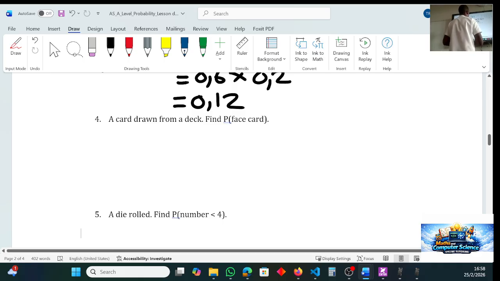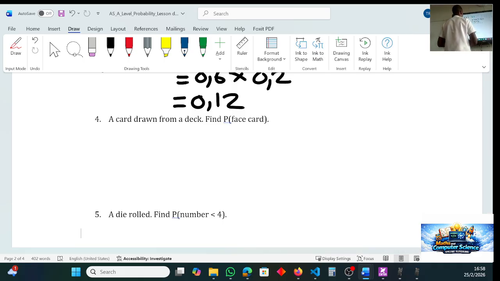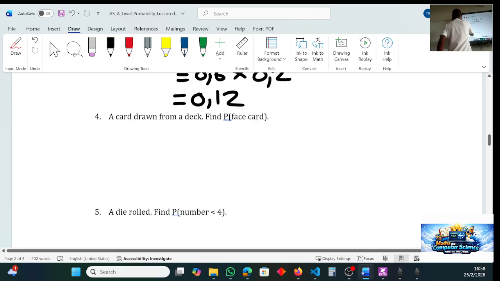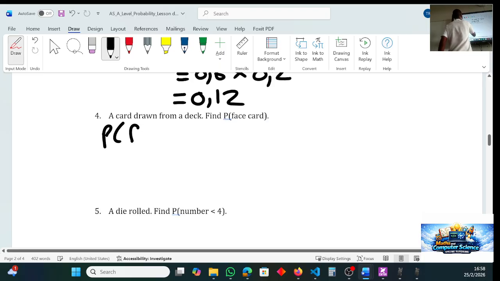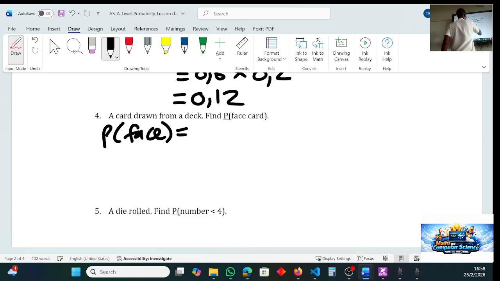Now, we have a scenario where a card is drawn from a deck. We are being asked to find the chance of getting a face card. When we say face card, these are cards which involve images of people. Those are three: Q, K, and J. So with three in each of the four suits, the probability of picking a face card will be given by 4 times 3, with 3 faces from each suit, all over 52.